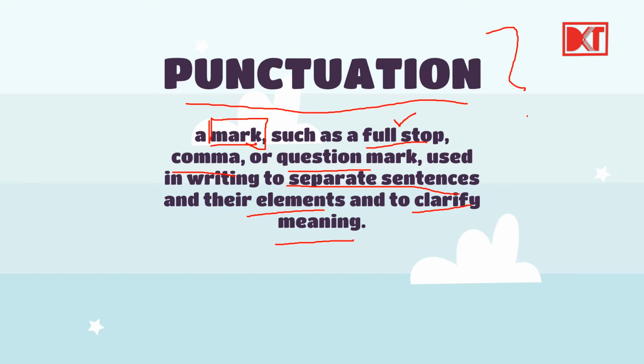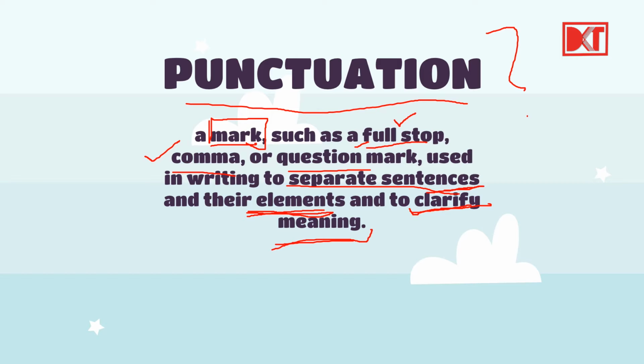Like full stops, like commas, like question marks. We will be doing further more punctuation marks in the following slide, but this is just a brief meaning that punctuation includes various marks. And what are they used for? What is the purpose? They are used in writing to separate sentences and their elements. Separate various sentences and elements and clarify the meaning.